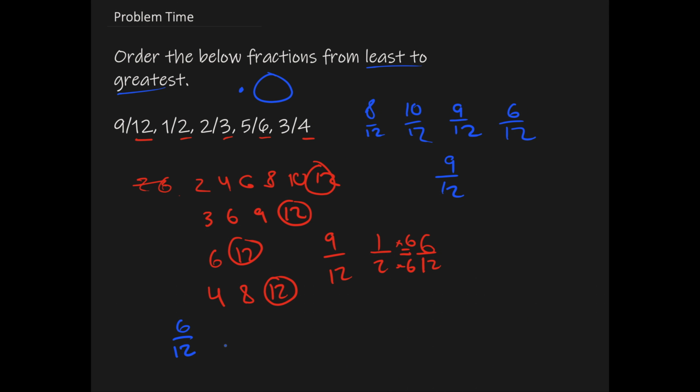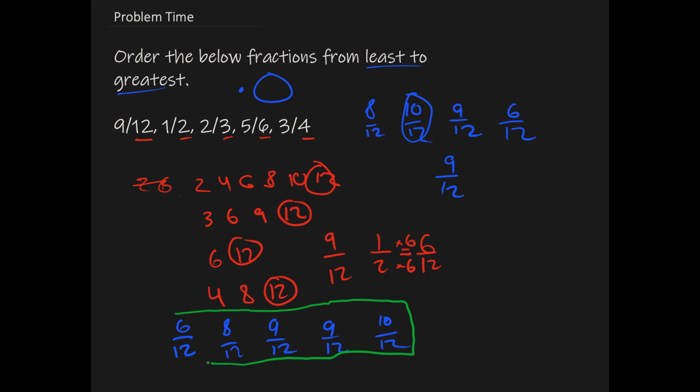We have 8 twelfths, and then we have two 9s, and since they're equal, we're going to put both of them in the same order: 9 twelfths, 9 twelfths, and then this is the only one left, so we have 10 twelfths. So the ordering is 6 twelfths, 8 twelfths, 9 twelfths, 9 twelfths, and 10 twelfths. So this is our answer there.